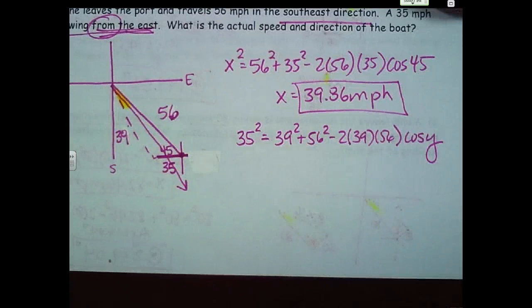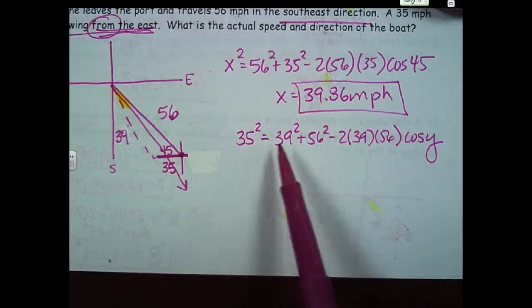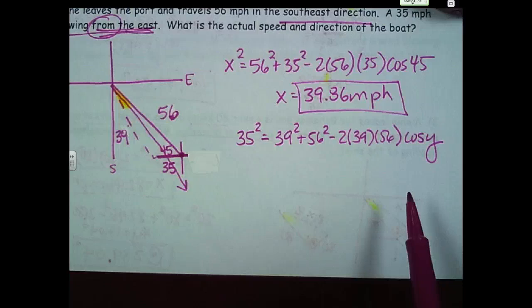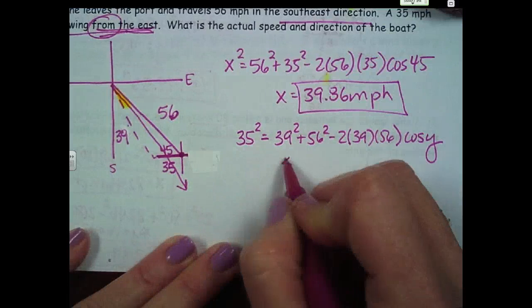In your calculator, again, you start with 35 squared minus 39 minus 56, hit enter. Divide, divide, divide, hit enter. Right? And angle Y ends up being 38.38.